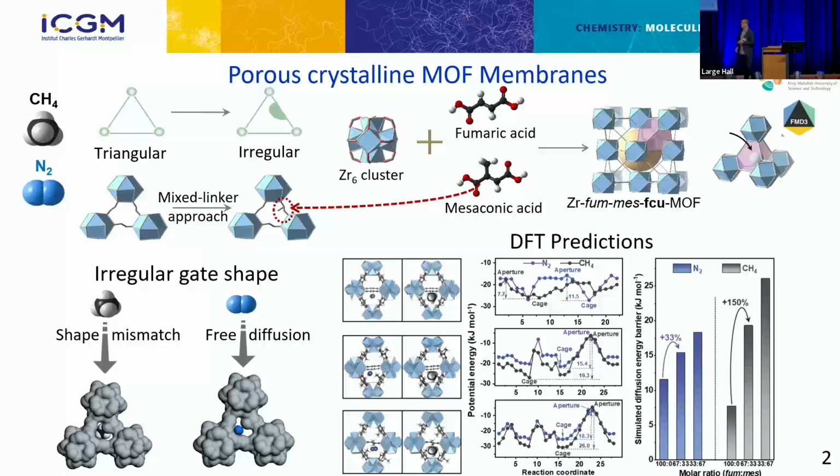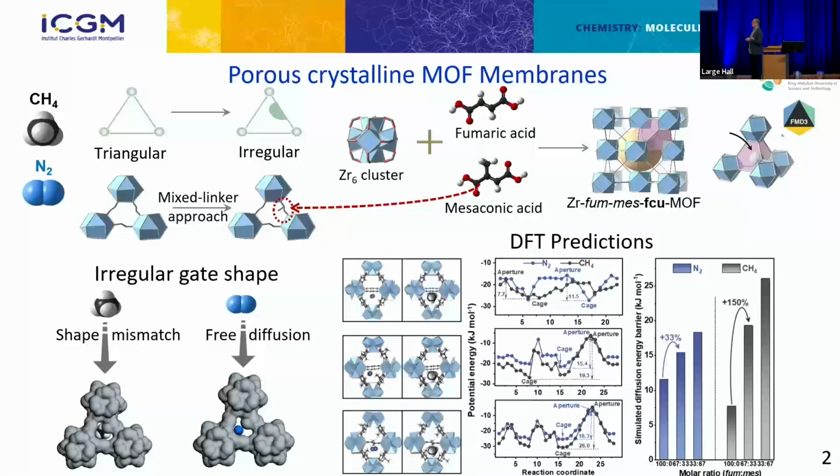In this case, the idea was to fine-tune the pore entrance of this platform to make an irregular shape of the entrance by using a mixed-linker strategy with fumaric and mesaconic acid. The idea is to block the accessibility of CH4 versus nitrogen.